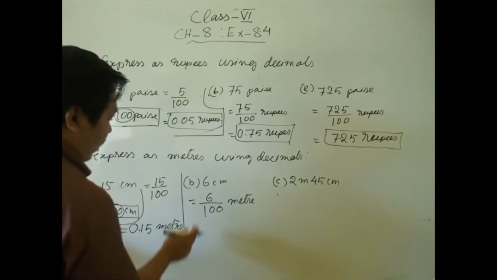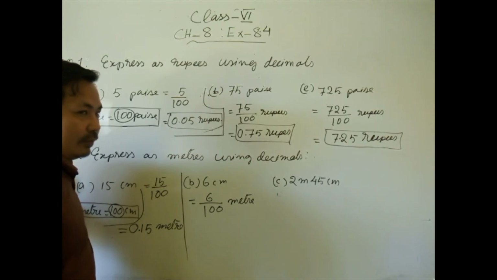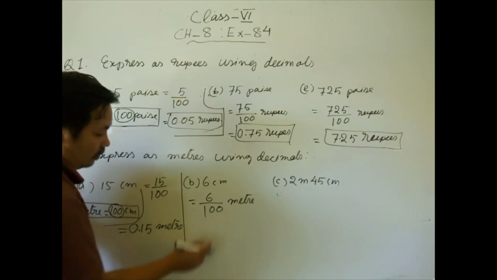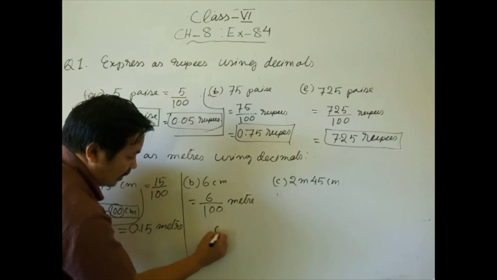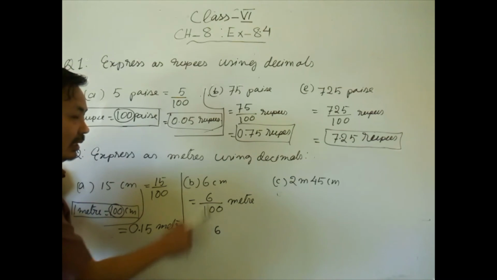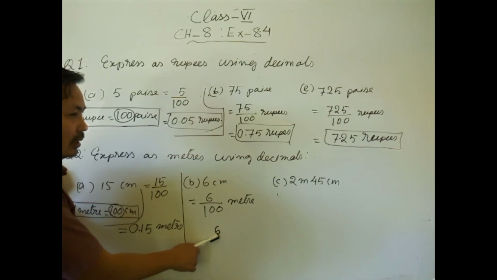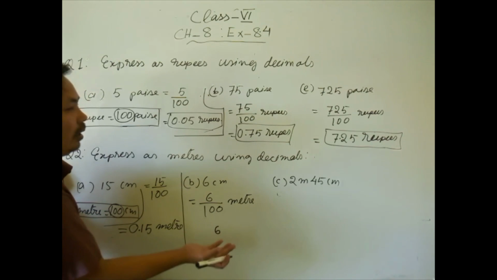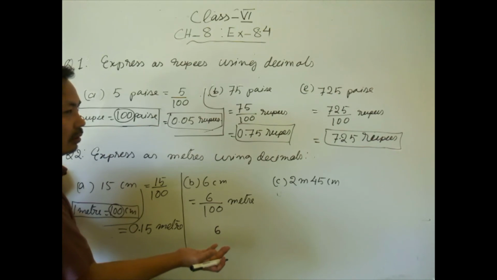I'll tell you how we get the decimal out of this number. 6 is divided by 100 having 2 zeros. Then we write this 6 simply as it is and count 2 digits, starting from the 6 towards the left side. But there is only one digit to count.